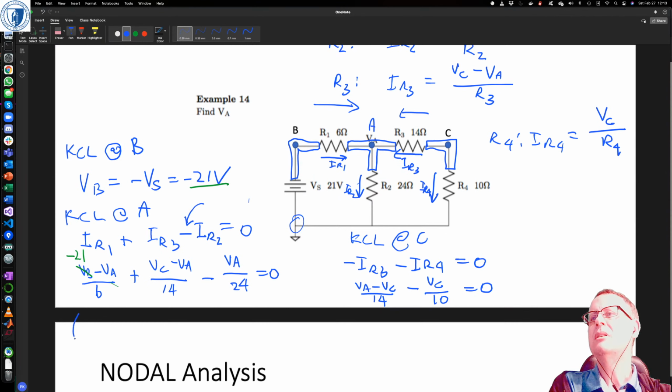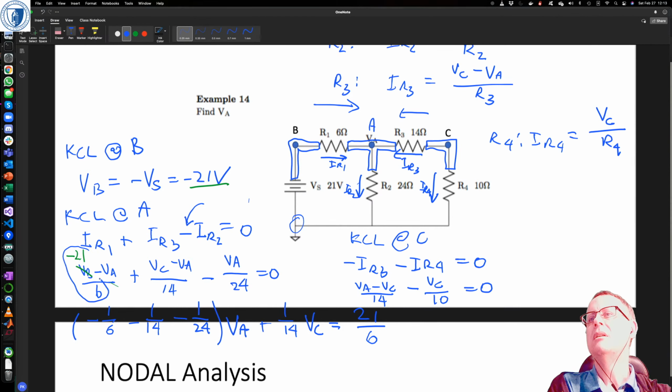So what we've got is minus 1/6 minus 1/14 minus 1/24 VA plus 1/14 VC, and that equals 21 on 6, right? Because we've got negative 21 on 6 over here.